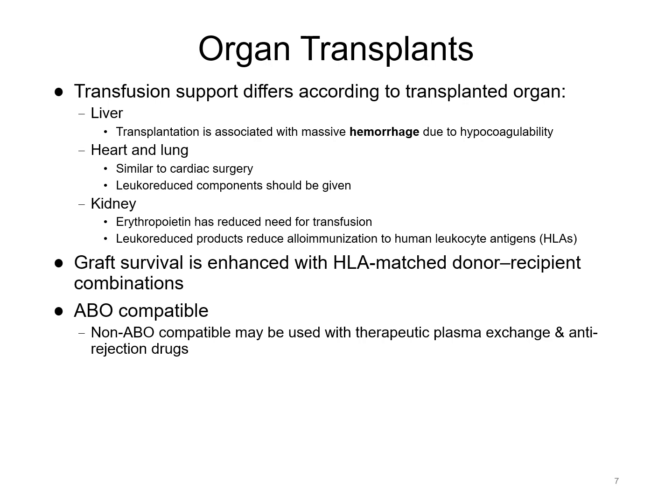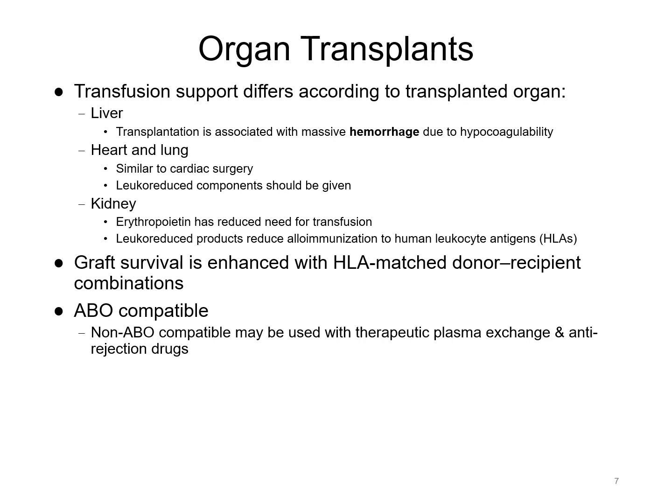With kidney transplants, EPO actually reduces the need for transfusion, but leukoreduced products are good to help reduce alloimmunization to the HLAs. The graft survival is enhanced when you do HLA matched donor-recipient combinations.